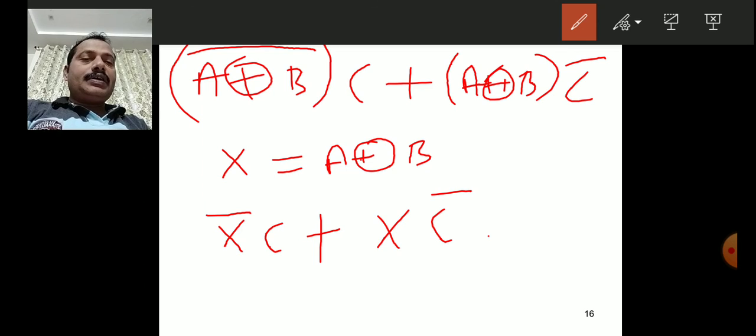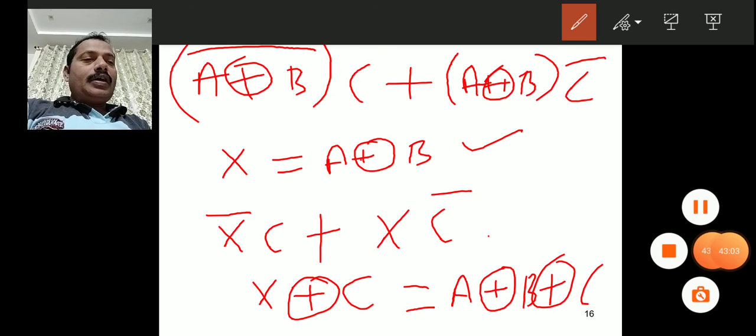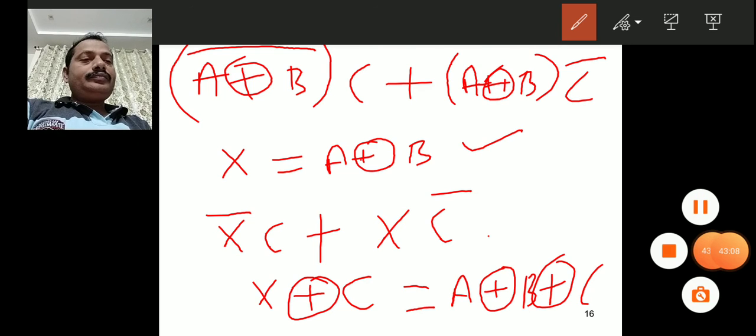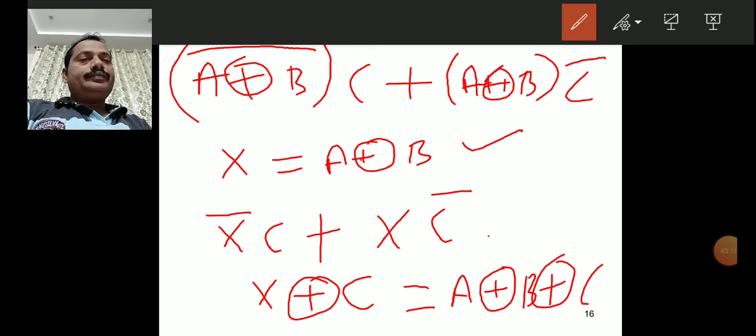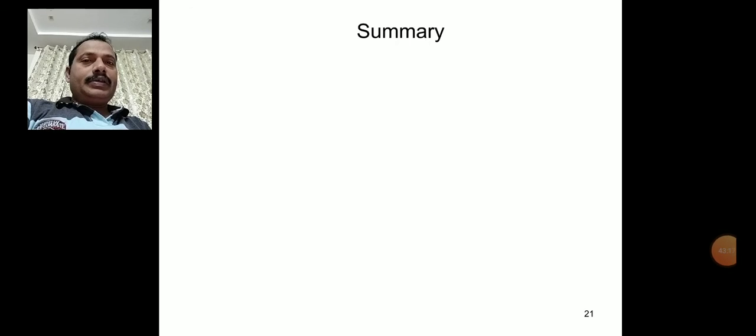That means this is the exclusive OR operation, x exclusive-OR C. So this x is nothing but A exclusive-OR B, that is A exclusive-OR B exclusive-OR C. So this already we have done. Just we have reviewed the sum expression simplification.